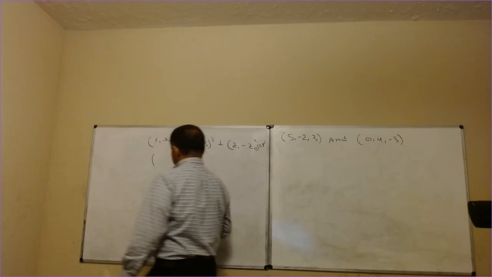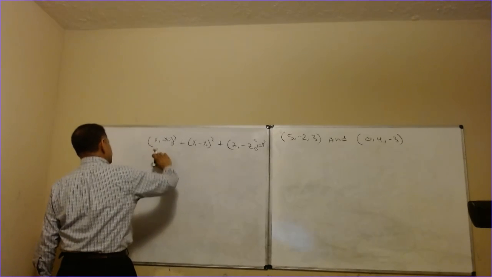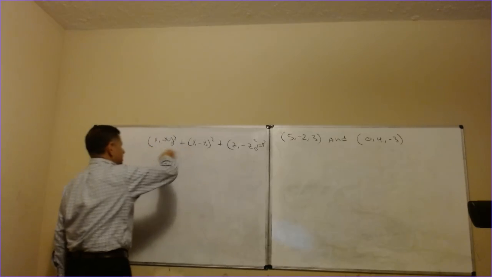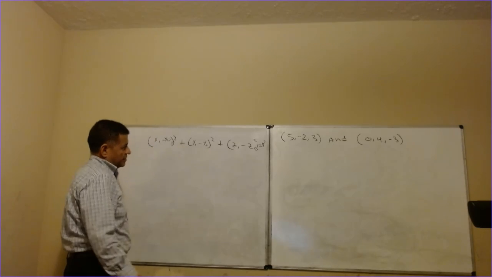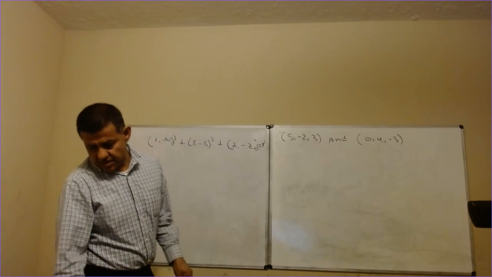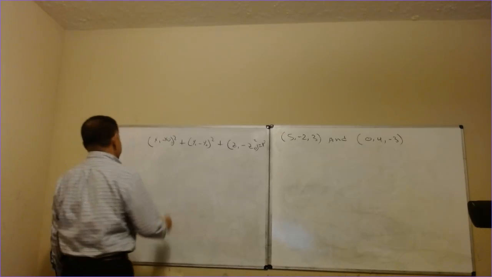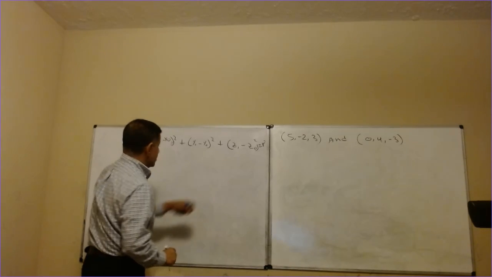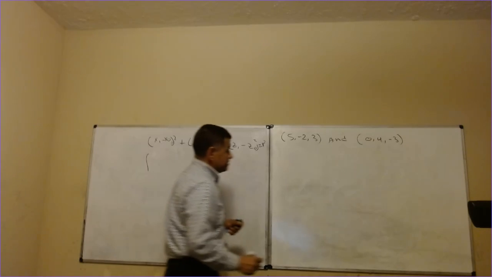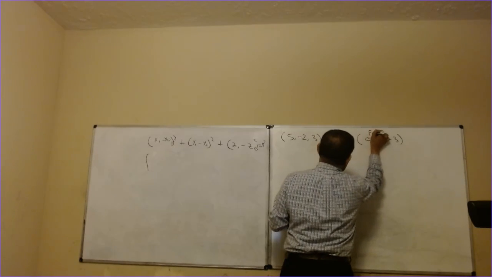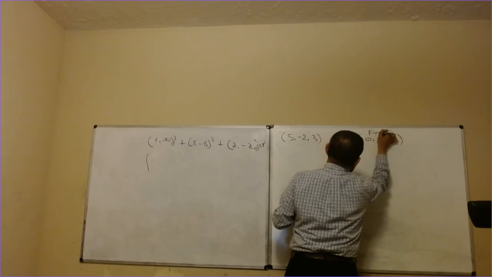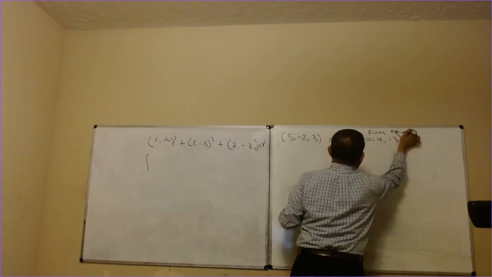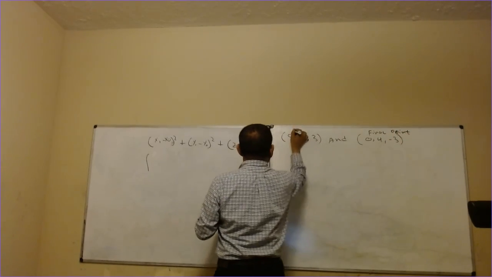Okay, so now I am using this formula, right? I want to calculate the distance r. Okay, so let's do it. So in this case, I am doing 0, right? This is my final point, and this is the initial point.